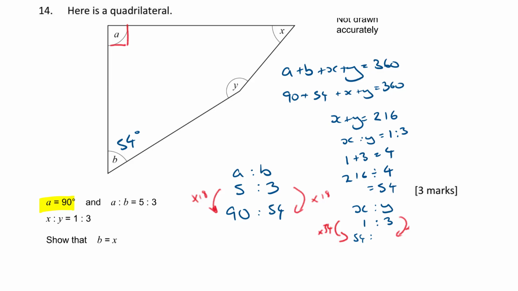So 3 50s is 150 plus 3 4s is 12, so 162. Okay, so x is 54 and y is 162.